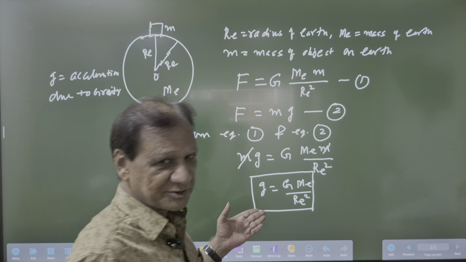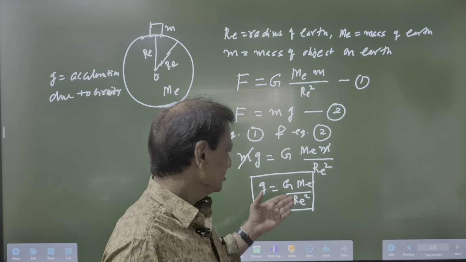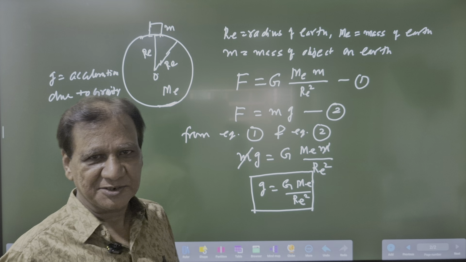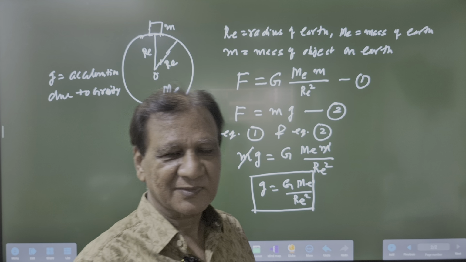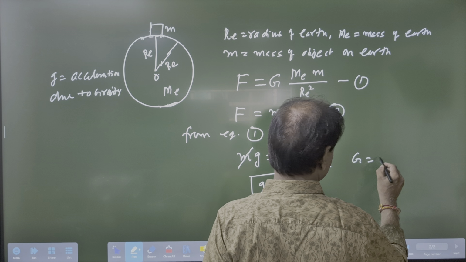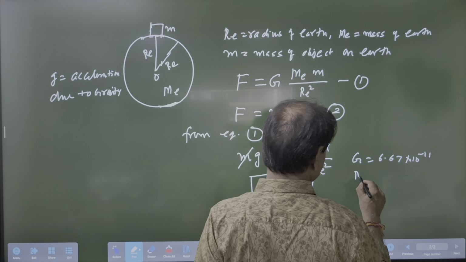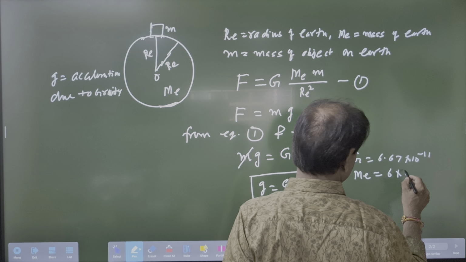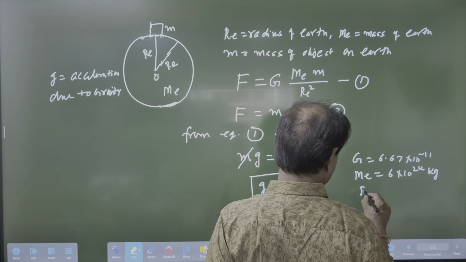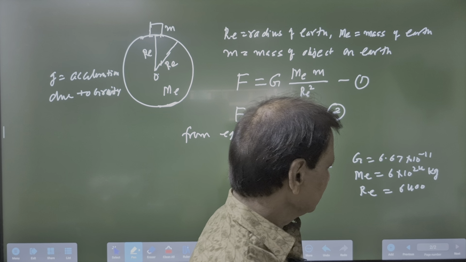See, capital G is the universal gravitational constant, whose value is 6.67 into 10 to the power minus 11. ME, the mass of the Earth, is also a constant, and RE, the radius of Earth, is also constant. So G is equal to 6.67 into 10 to the power minus 11. The mass of the Earth is 6 into 10 to the power 24 kg, and the radius of the Earth is 6400 kilometers.